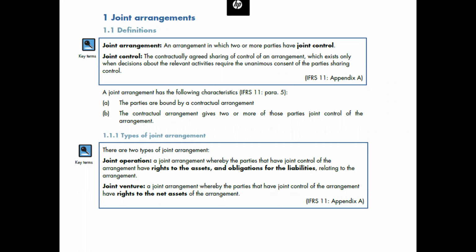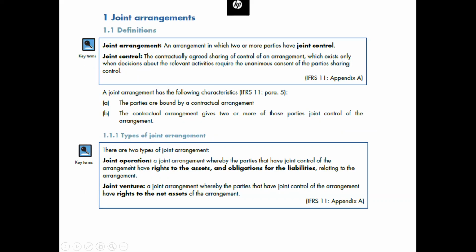But the moment we say everyone, all 3 of those shareholders need to unanimously decide, then we have joint control. Is that clear? Can you see the difference there between control and joint control? Yes, we can. Good.